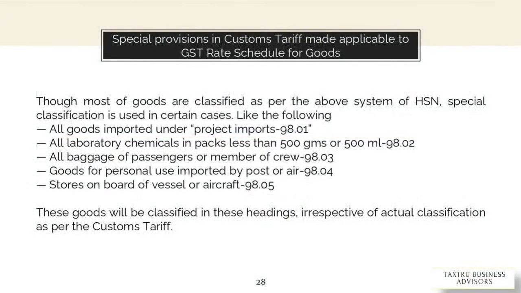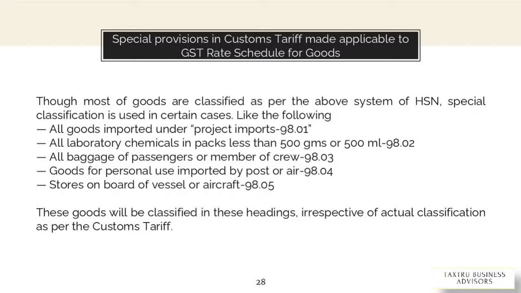Now there are certain goods which have been given a specific tariff. Whatsoever your goods or services are, if you fall under these particular tariffs, there are specific rates for this. Like all goods imported under project imports, if you are importing multiple imports under a project, there is a particular tariff heading 9801.